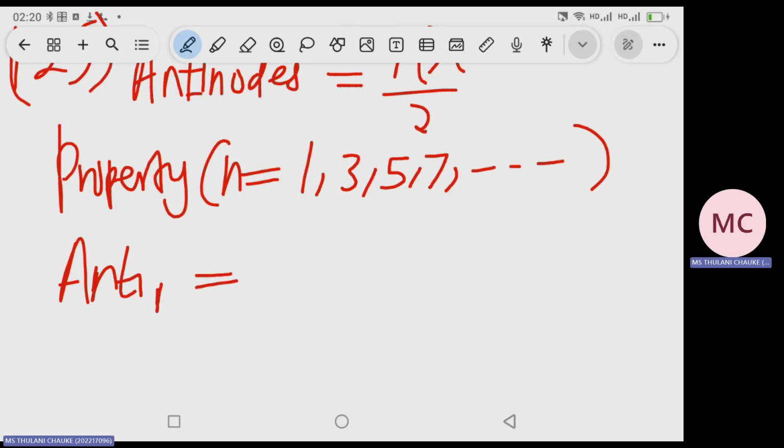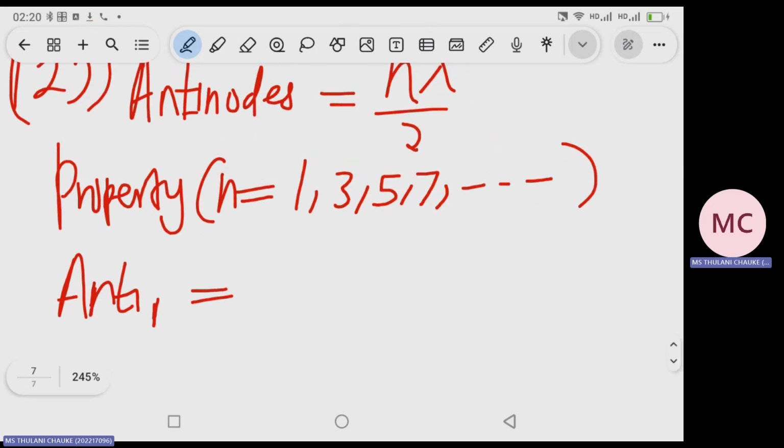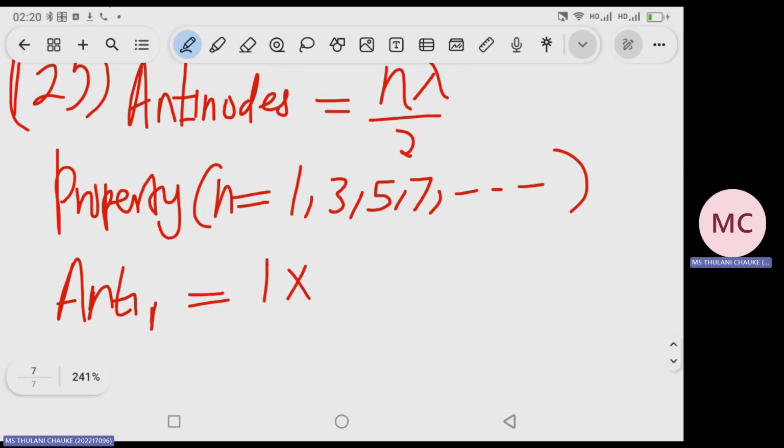So in order to know those positions, you'll first calculate antinode 1. Your n is 1 for the first one. The wavelength was 1 over 2, so 1 over 2 over 2. The first answer you'll get here is simply 1 over 4 divided by 2, which is 1 over 4.